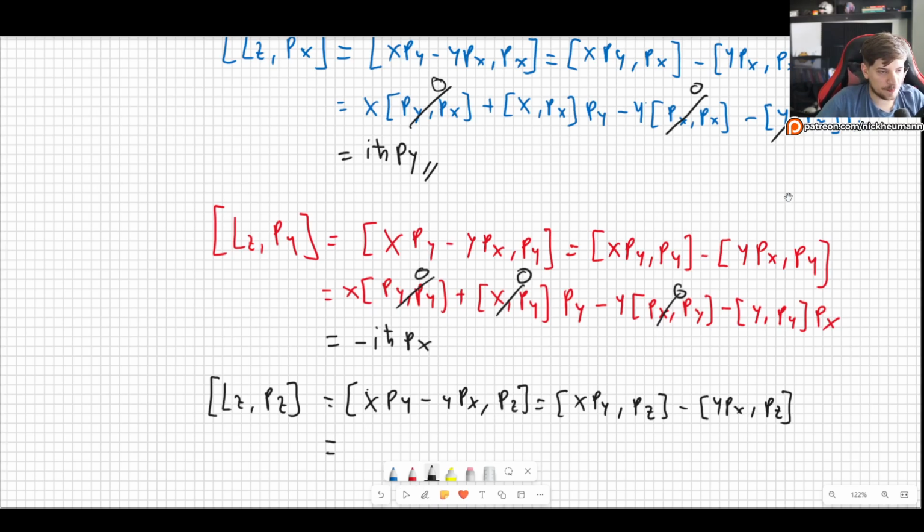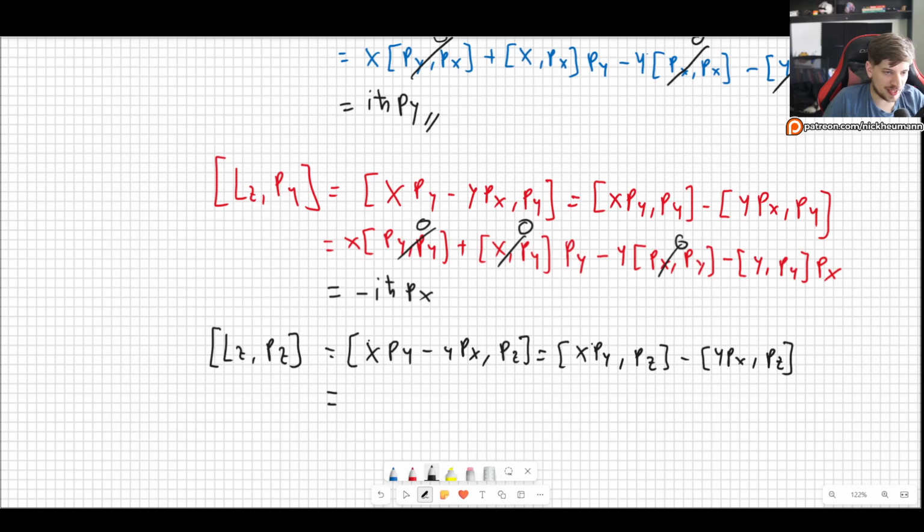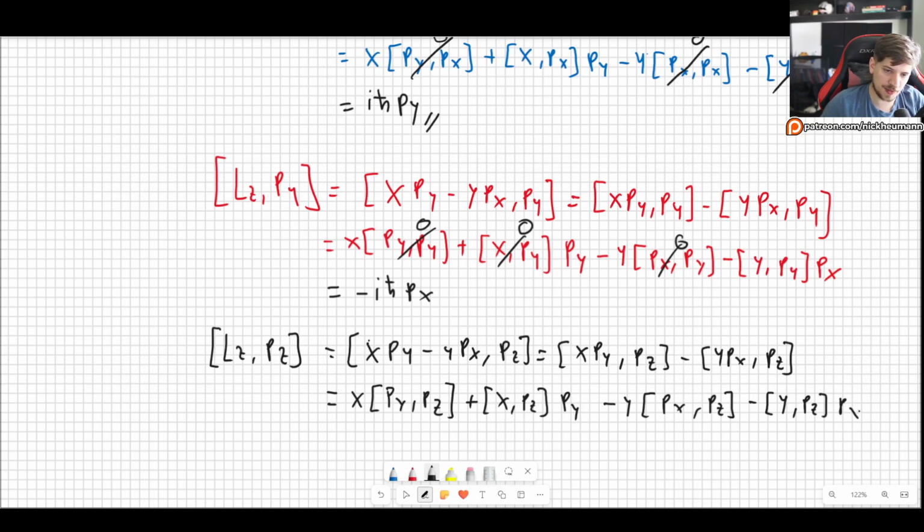We separate these commutators, or we take this factor out. So we get xpy pz. This is just a very common thing to do. We want to have a commutator of two things. We don't like it when there's a third one in between. So plus, this would be x pz py minus y px pz minus y pz px.